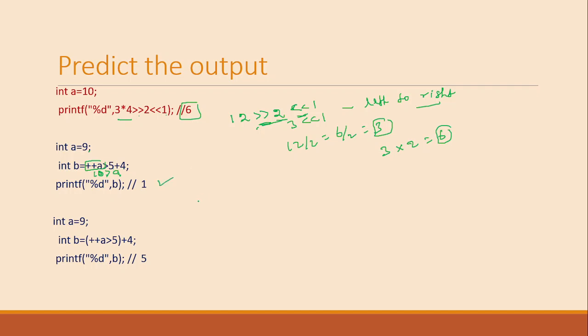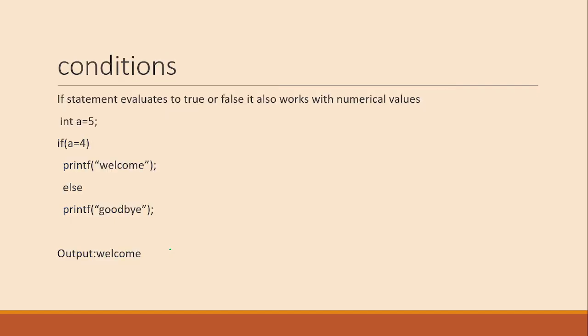So B will take the value 1. Now in this case, 10 greater than 5, so the condition is true, so it results in 1. 1 plus 4 is equal to 5, so B will take the value 5. So we should be very thorough with evaluating these expressions.